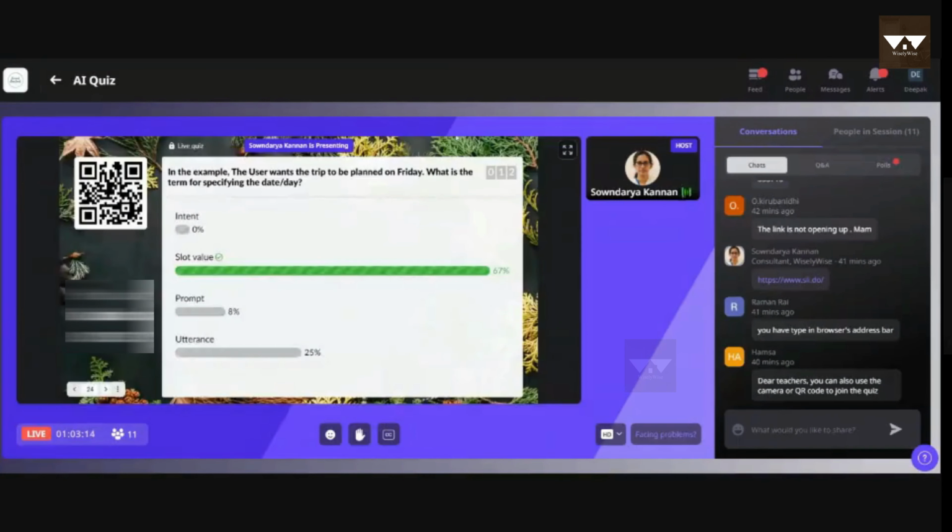So slot value is the right answer. Here we just took the example of date and day, but a slot value can be anything depending upon the request we ask. The data which we specify is going to be the slot value for the request we give to Alexa.